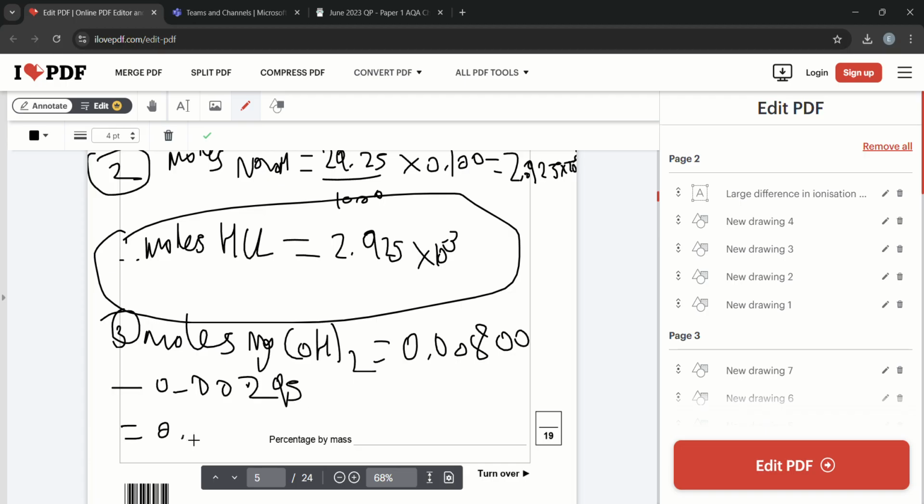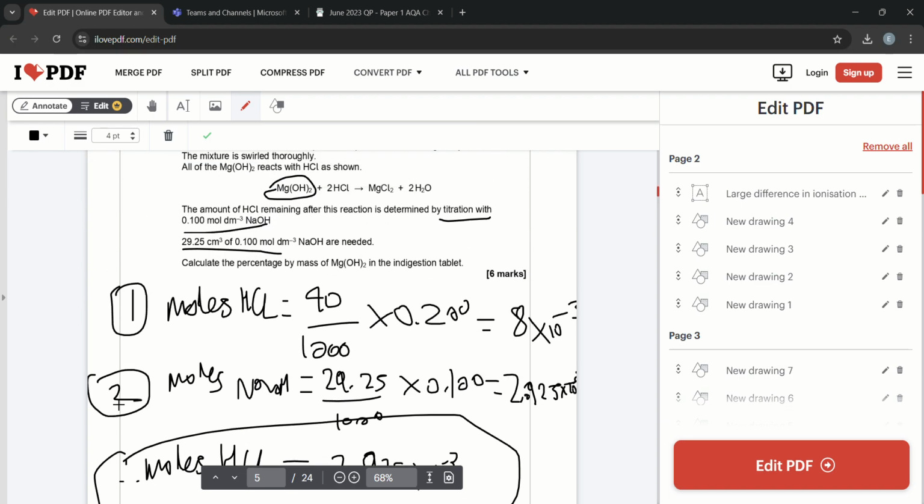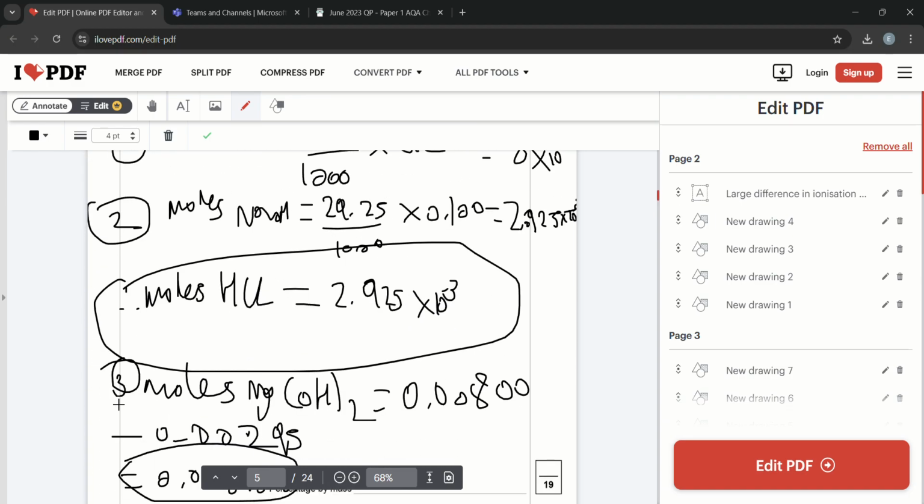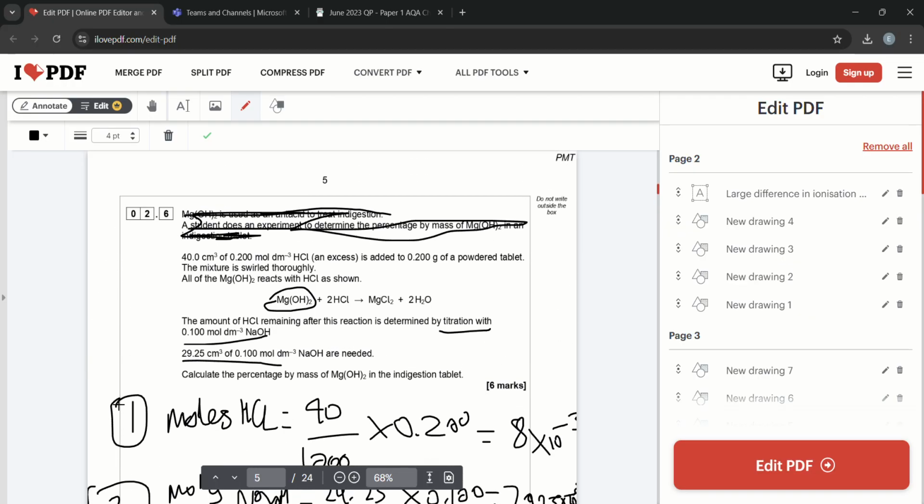That will give me 0.00505 moles of HCl reacted. Not mole, sorry.